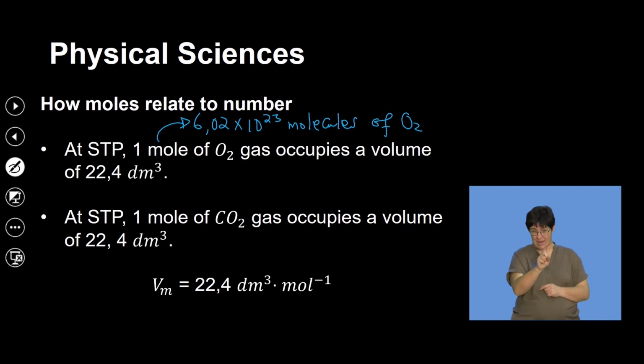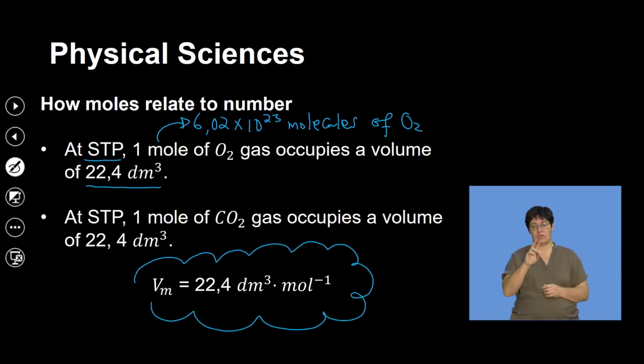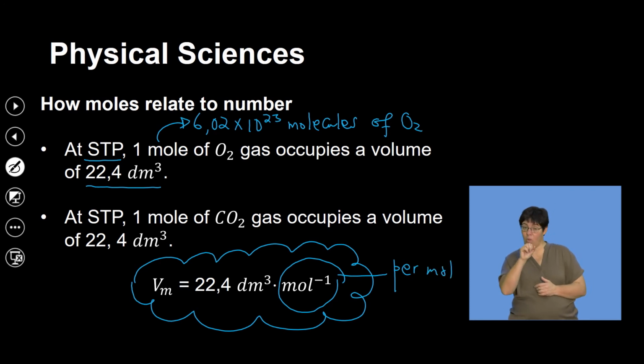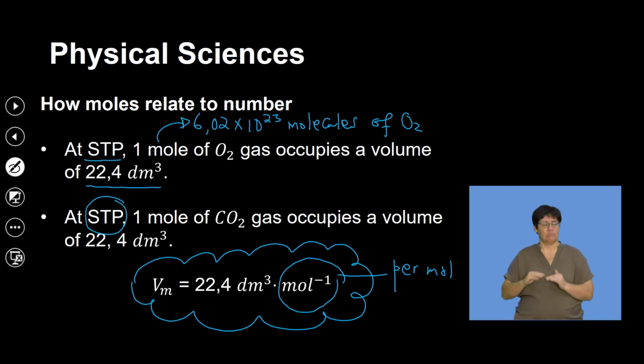What's the volume that it will occupy? To qualify this, it must be at standard temperature and pressure. That volume is 22,4. Hence, the molar volume at STP is the volume occupied per mole. So a mole of any gas at STP occupies a constant volume. That's the main point.